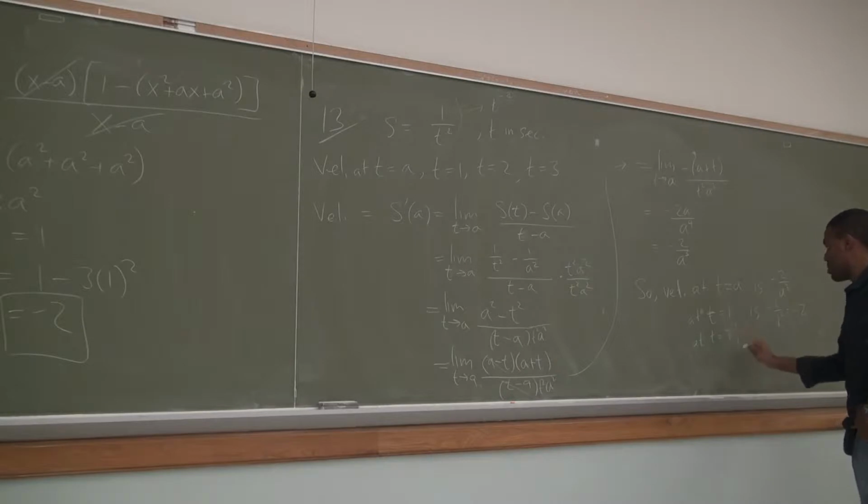At t equals 2, just plug in 2. And you get the idea. And whatever units that was in, distance per unit time. So it's something per second, meters per second, or feet per second.